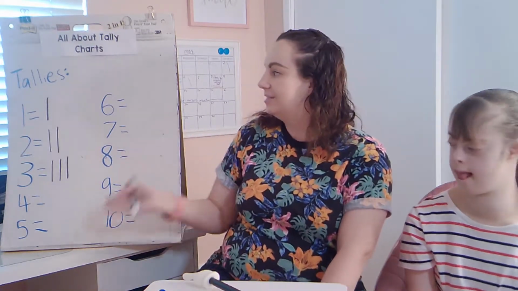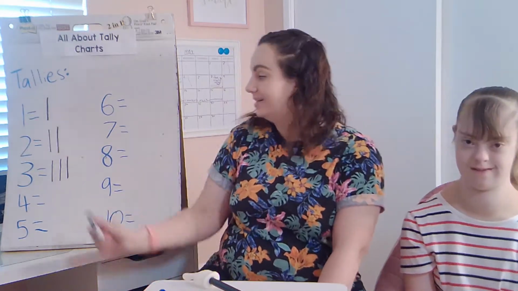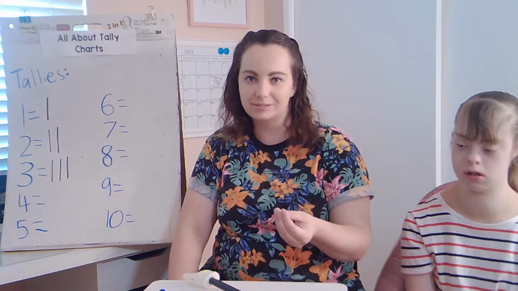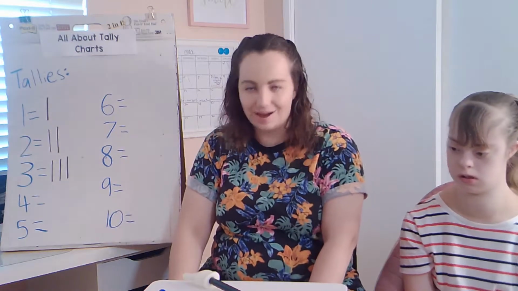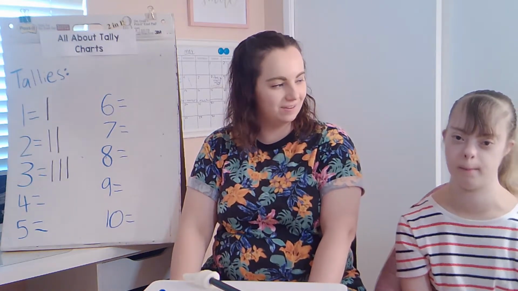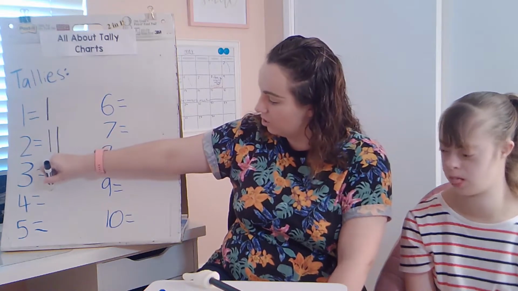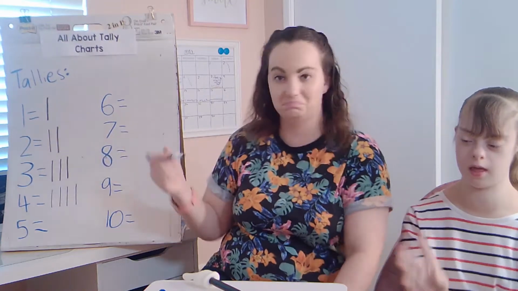You might see them in math or other parts of school or life. Tallies can help you keep track of information, write numbers. Let's keep going. To write the number 4, how many tally lines do you think I'll have to write? 4. Yes, you're right, Kaylee. To show 4 in tallies, you go 1, 2, 3, 4.